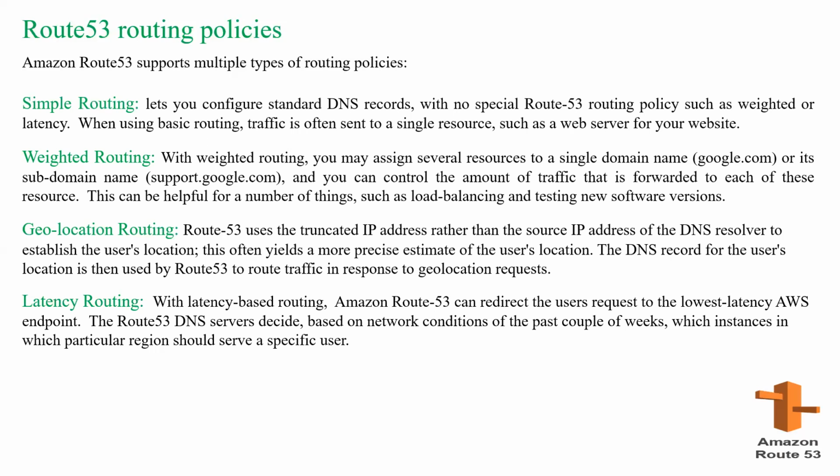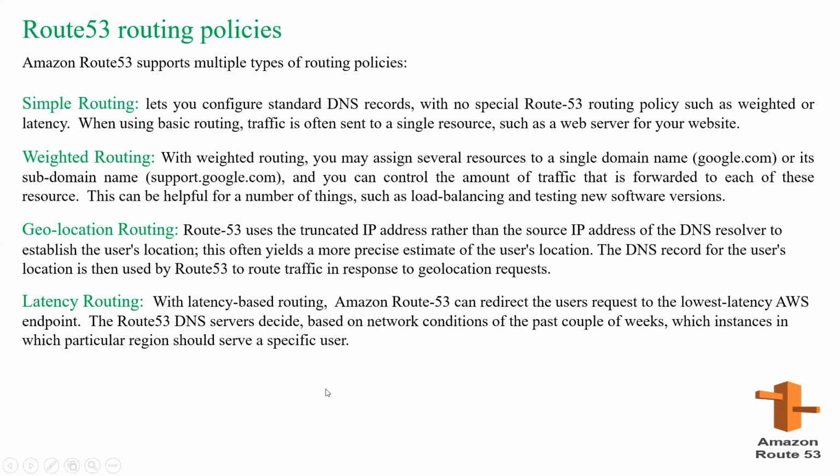Among these 5 web servers, there could be one server which is not getting any web traffic. So this latency routing will keep doing the load balancing and keep analyzing the traffic. It will start diverting the traffic to the server where there is no traffic reaching. So that can be achieved with the latency routing policy.